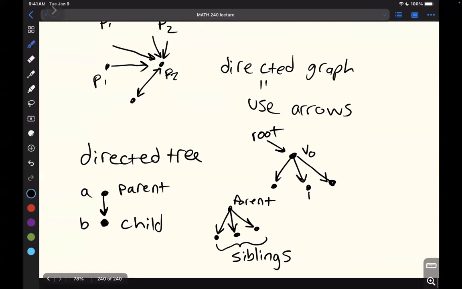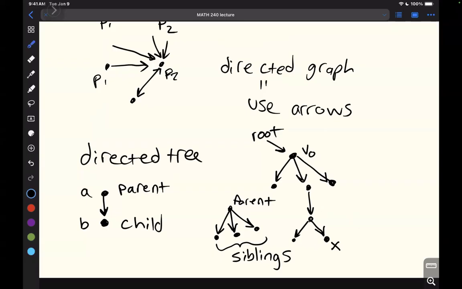Let's assume that there's some path. So let's call this vertex X. So X we can get to from V naught.